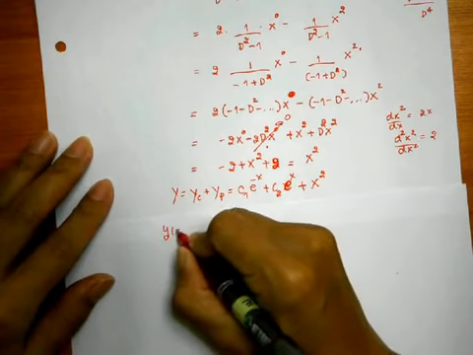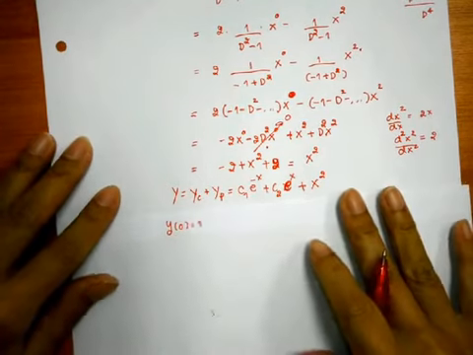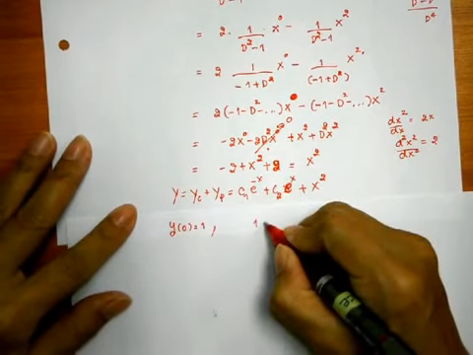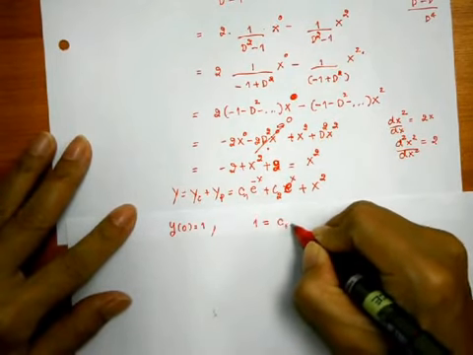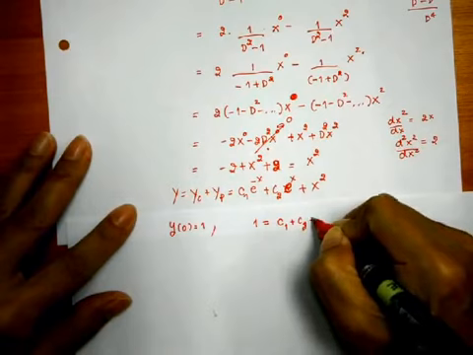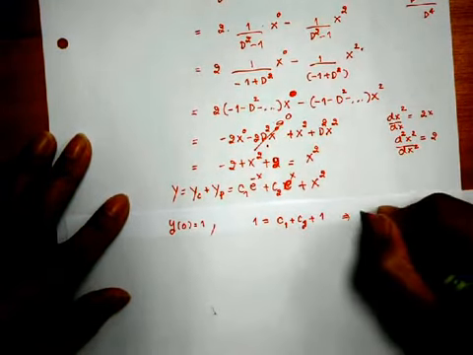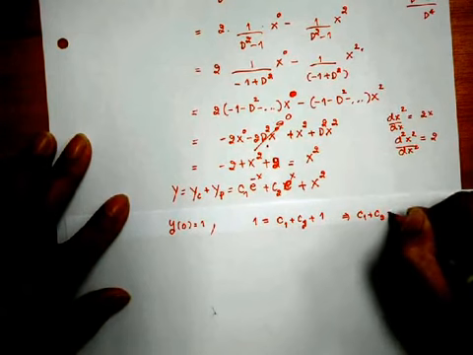At x equal to 0, y is equal to 1. So we put this boundary in, and we get 1 is equal to c1 plus c2 plus 1, right? So that means c1 plus c2 is equal to 0.